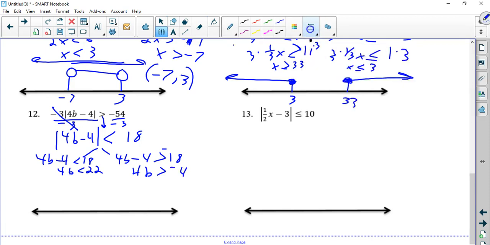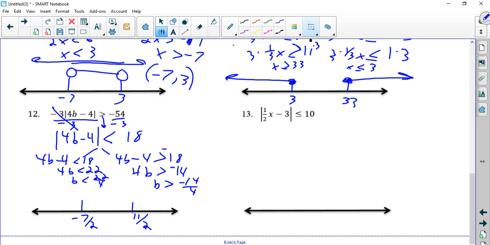Negative 14. Good. Now I'm going to divide by 4, and I get b is less than 22 over 4, and b is greater than negative 14 over 4, which reduces to negative 7 halves and 11 halves.